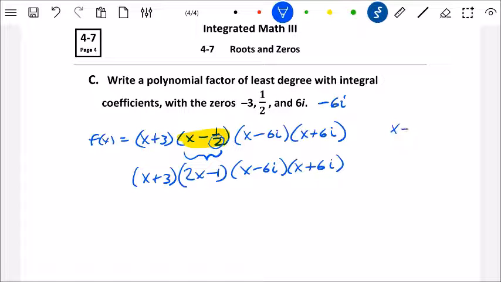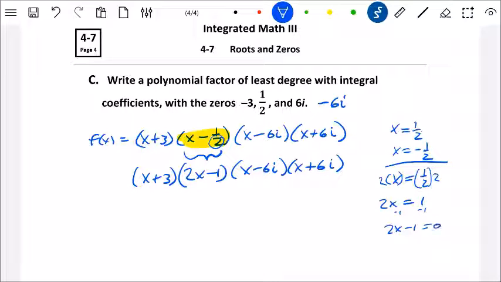The reason for that is if I have x equals 1/2, I can multiply both sides by 2 and get 2x equals 1, and then subtract 1 and get 2x minus 1 is equal to 0.